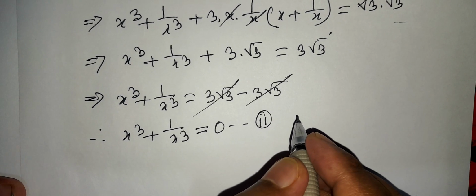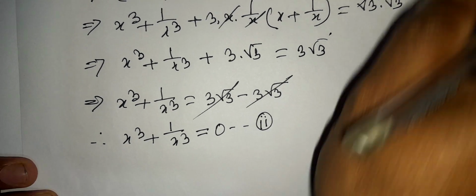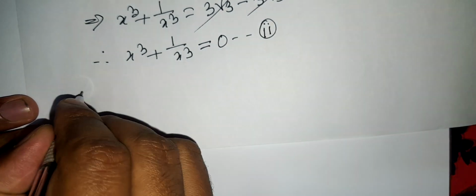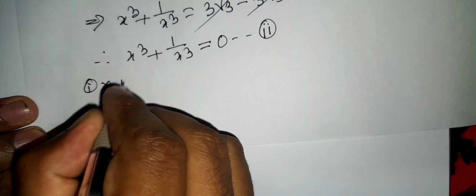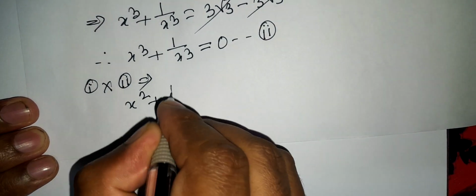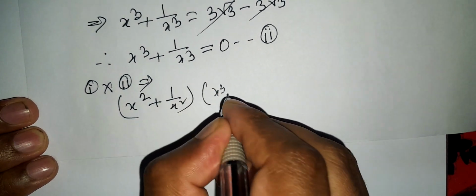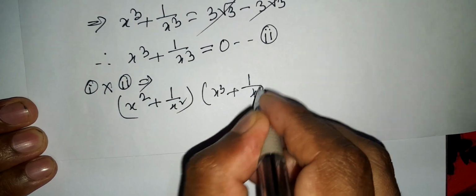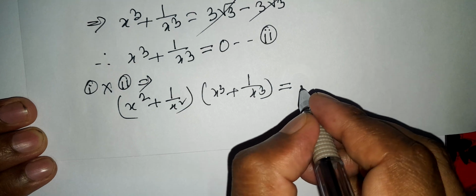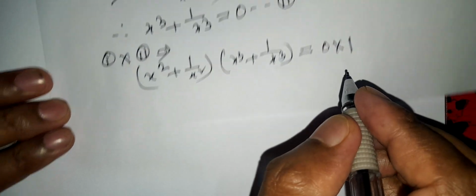Now we multiply equation 1 by equation 2, so we can write x square plus 1 by x square into x cube plus 1 by x cube is equal to 0 into 1.